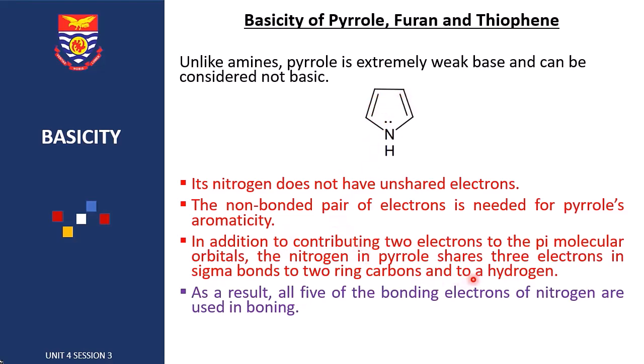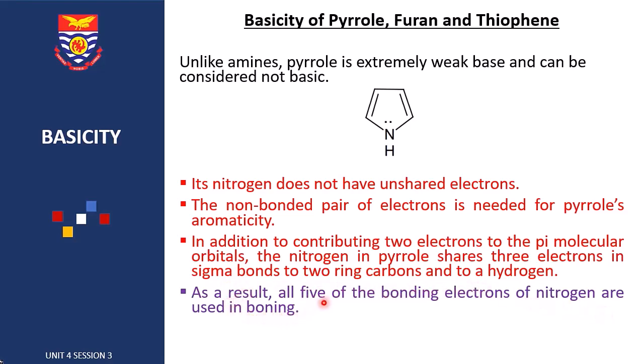The nitrogen in pyrrole shares 3 electrons in sigma bonds. So there's a sigma bond between nitrogen and carbon here, between this nitrogen again and carbon, and between this nitrogen again and hydrogen. So these 3 electrons are involved in bonding, together with these 2, which are also used in aromaticity. As a result, all 5 of the bonding electrons of nitrogen are used in bonding, right?